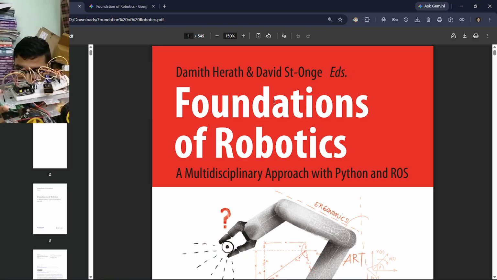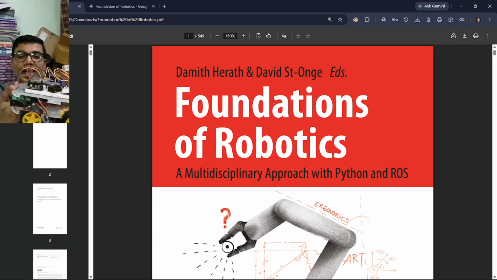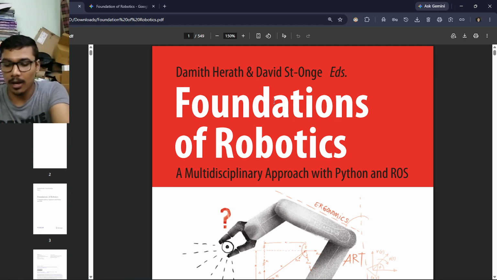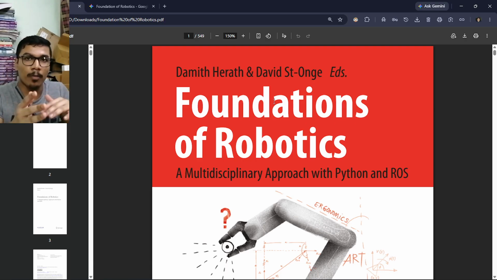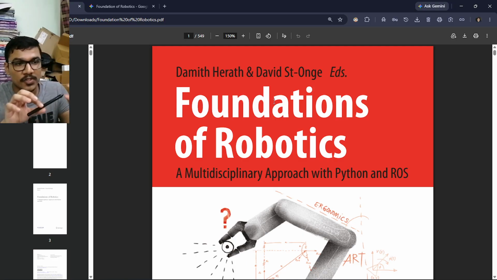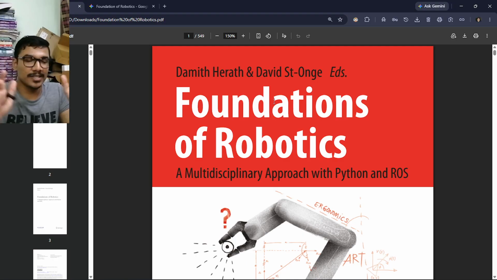As of now, this thing is basically controlled by a remote control, which I operate using my tablet or my phone. But this book basically teaches you ROS along with Python, which I'm already studying, and it also teaches you how to actually embed convolutional neural networks, or basically machine learning models or deep learning models, into your robotic system.